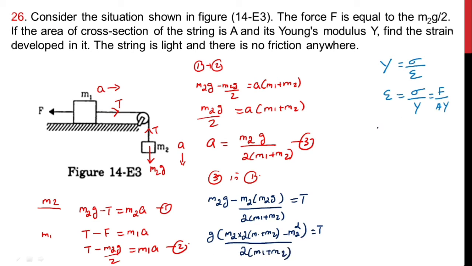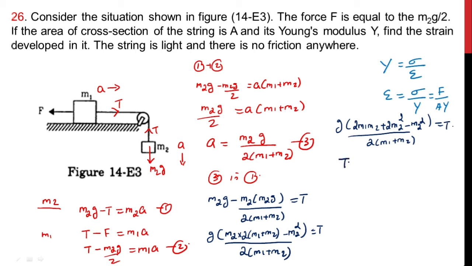If you equate this, you will be getting g into 2 M1 M2 plus 2 M2 square minus M2 square, all divided by 2 into M1 plus M2, which is equal to tension.